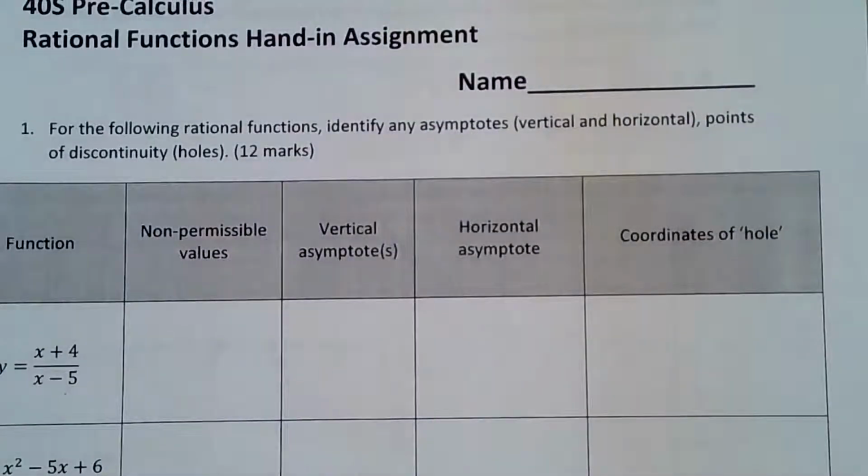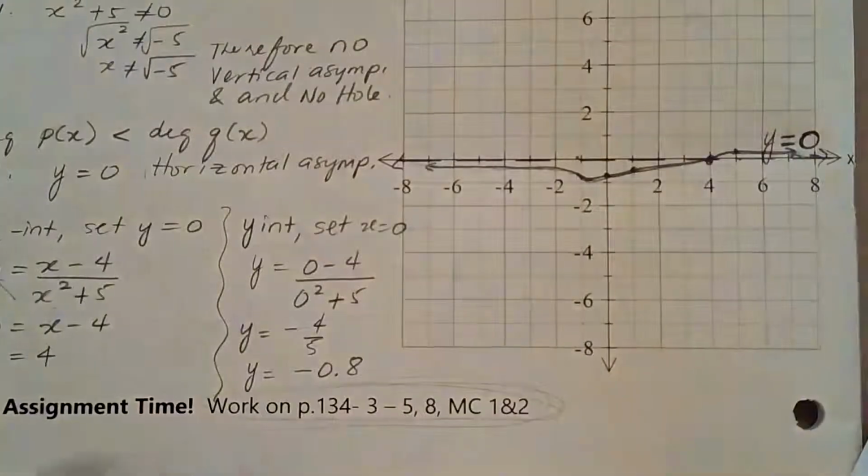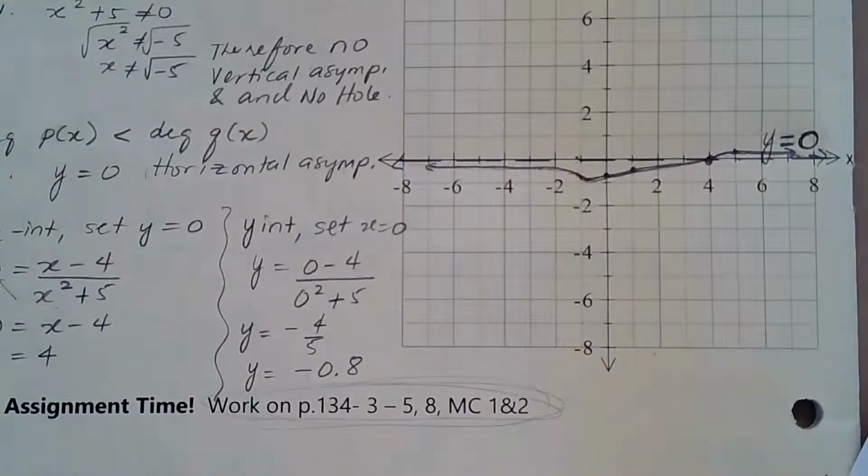Okay, so that's good. We have about 20 minutes, so you can get started with your work, either this hand-in assignment or go on to your textbook assignment. Is it possible to have 2 holes on the graph? Yes, it is. When does a hole happen?